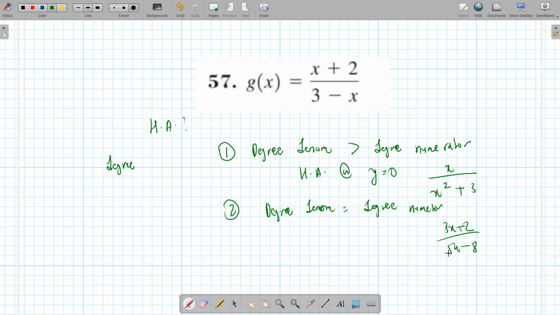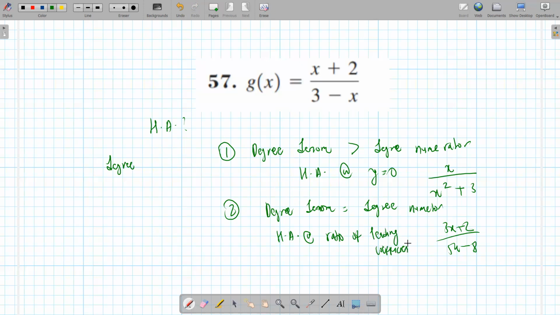What happens when they're equal? When they're equal, the horizontal asymptote is at the ratio of the leading coefficients.